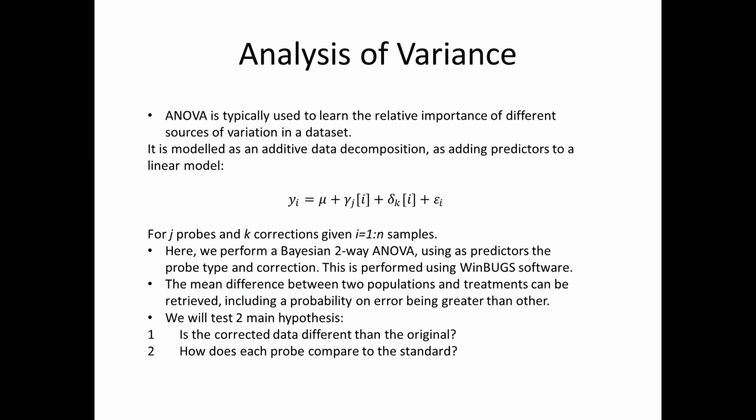When you have, for example, different treatments and different populations, it's basically fitting a linear regression to the data, where the mean is the mean of the standard probe. So if the parameters are different than zero, we are confident that this is a significant improvement over the standard population, just a way to calculate the significance.